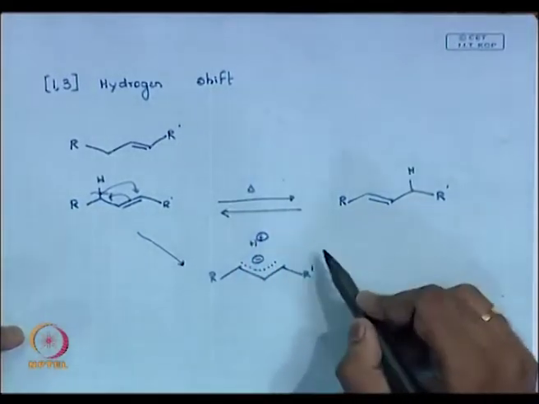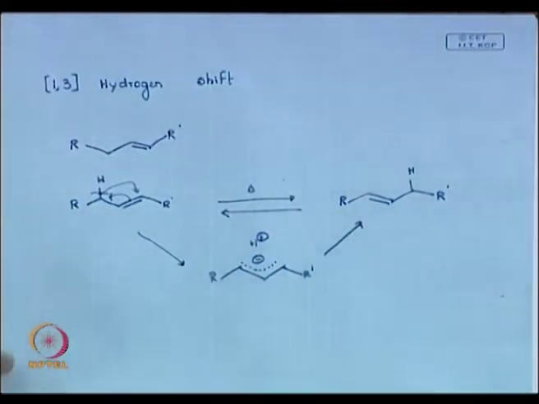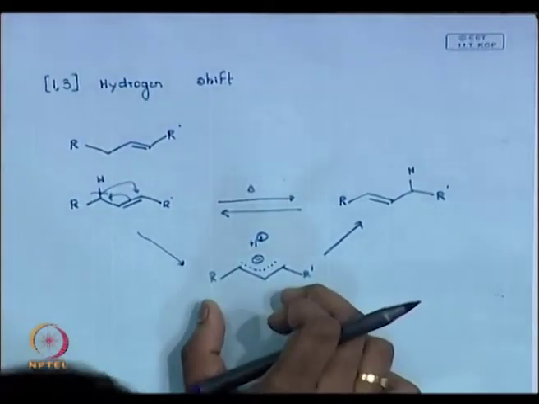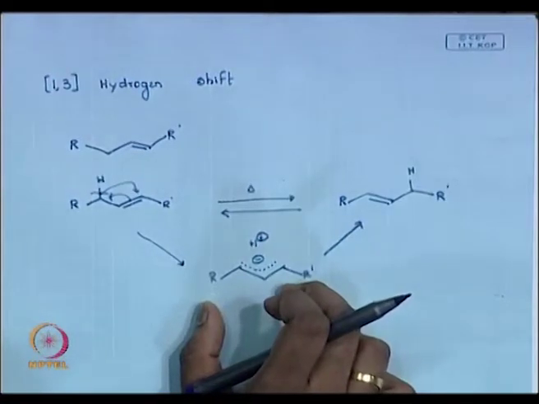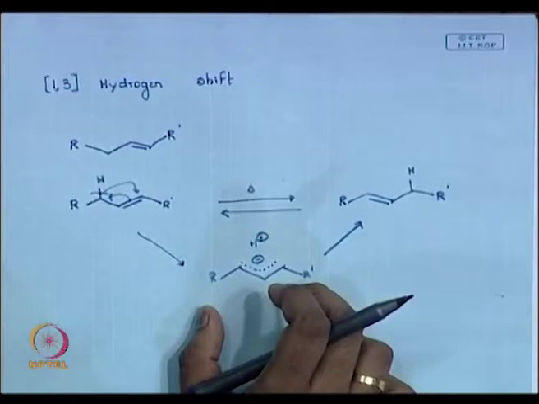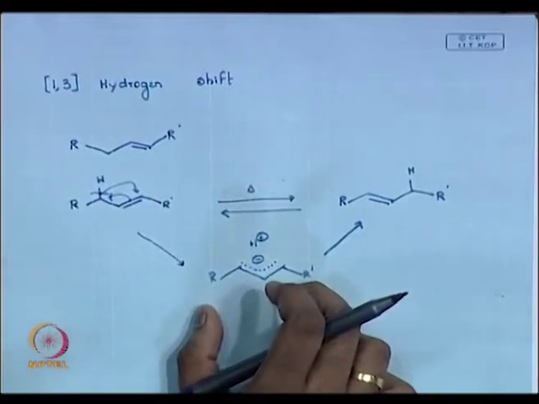This can give you the product. Now I am dealing with this system. This is an allylic cation, right.